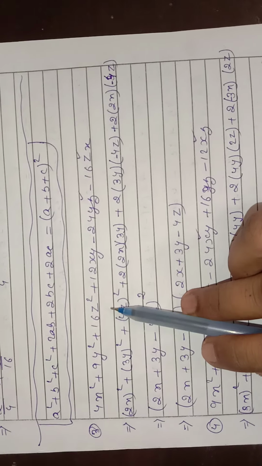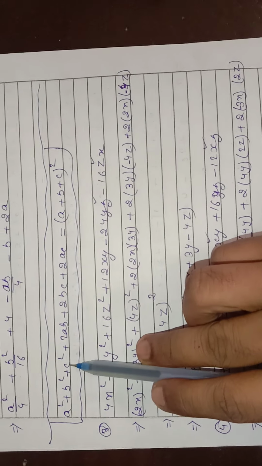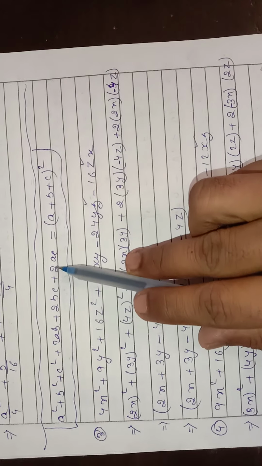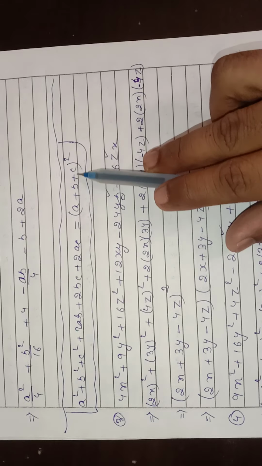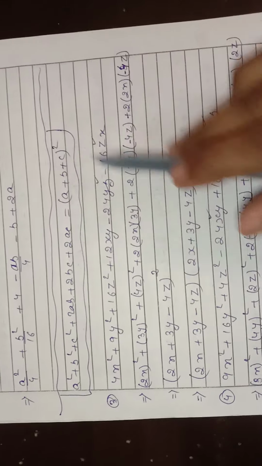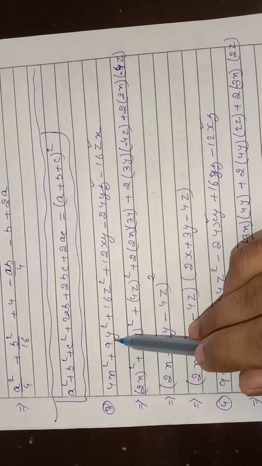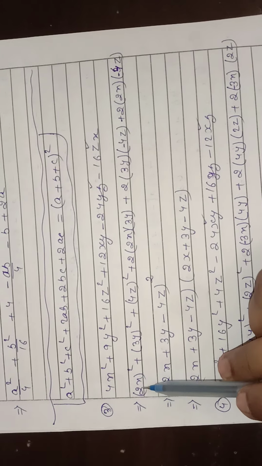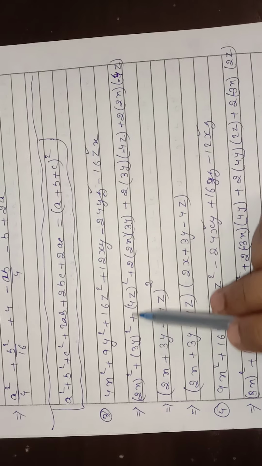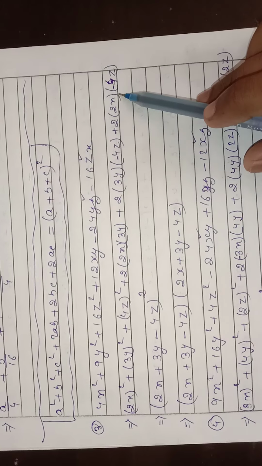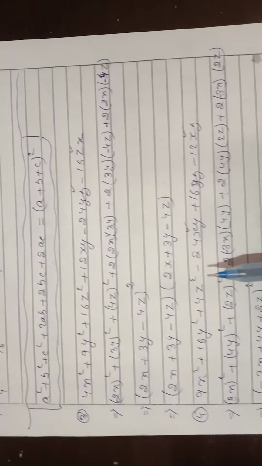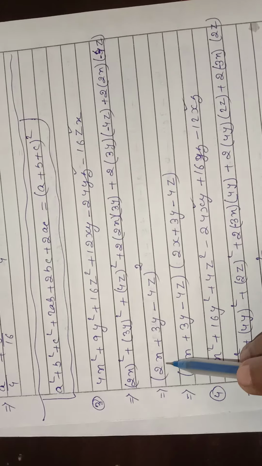Just the opposite of that: a² + b² + c² + 2ab + 2bc + 2ac is equal to (a + b + c)². So here, as we have this, we can break it into (2x)², (3y)², (4z)², and apply whatever we have got. Now here also we have one trick to solve this.